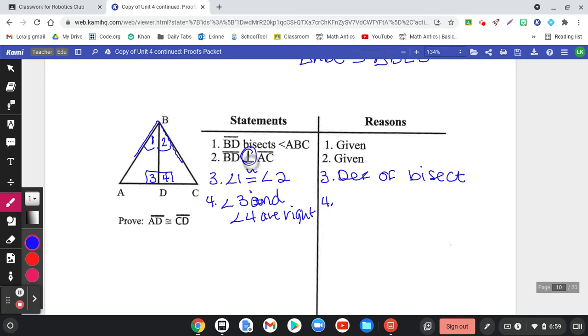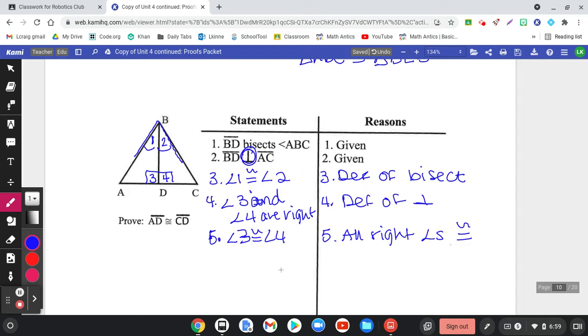The reason we know that they're right is definition of perpendicular. Notice my first 2 reasons were words from the statements. All right, so now that we know that they're right, now we can say angle 3 is congruent to angle 4. And the reason, all right angles are congruent.